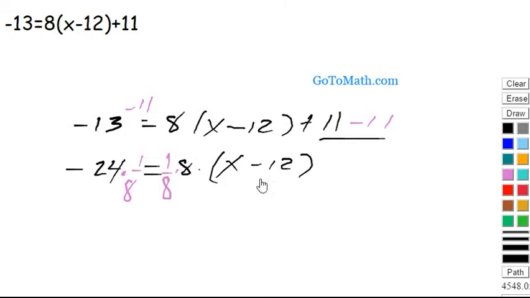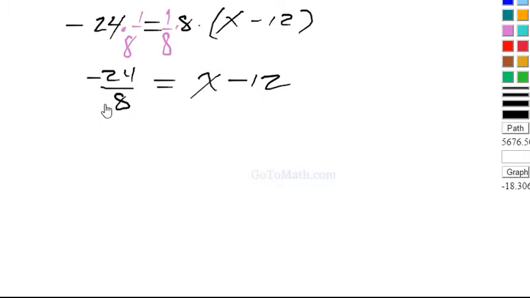So that's just going to become a 1. Alright, and so we have negative 24 over 8. Of course that just becomes 1, but I'm not going to write the 1. I'm going to drop the parentheses because we can do that now. 8 goes into 24 3 times, so we simplify that.